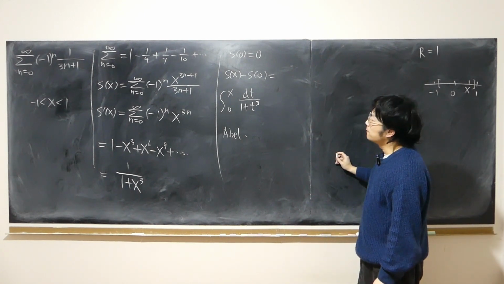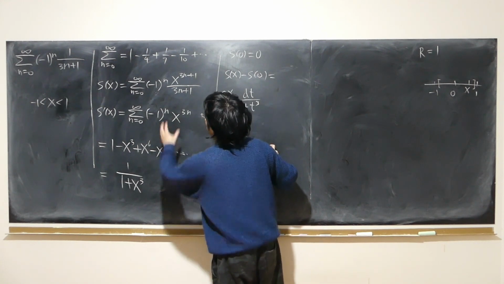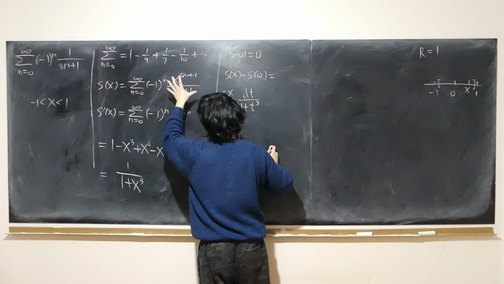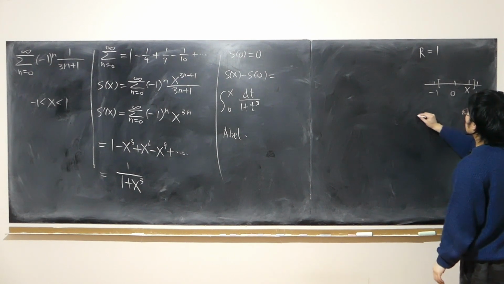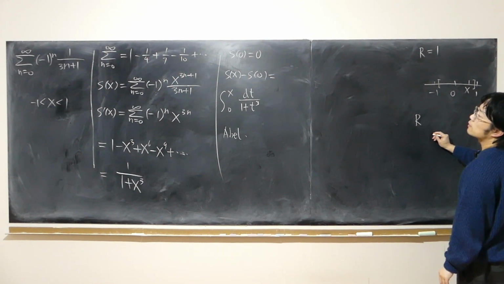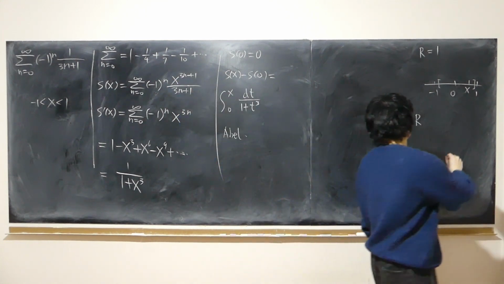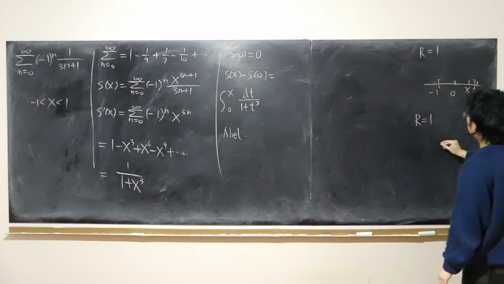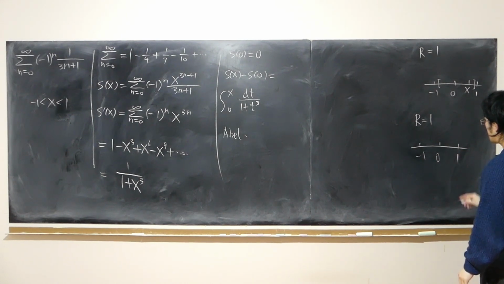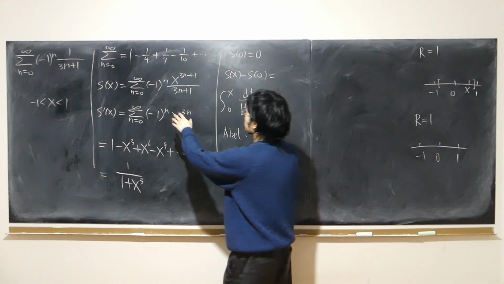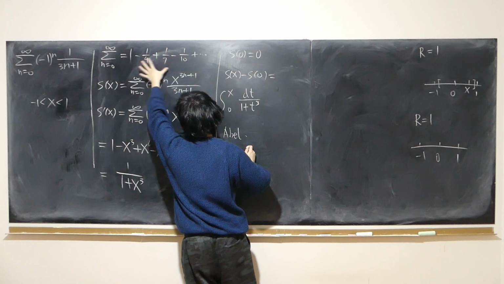we're told that if this series is convergent at, for example, its right-hand side edge, and this time the radius of this series is easily just 1. It's easily verifiable. It's really convergent at the right-hand side edge, meaning when x is equal to 1, we have this original series.